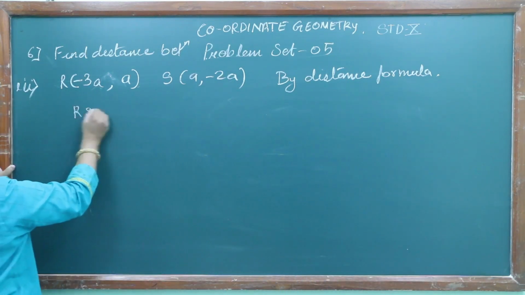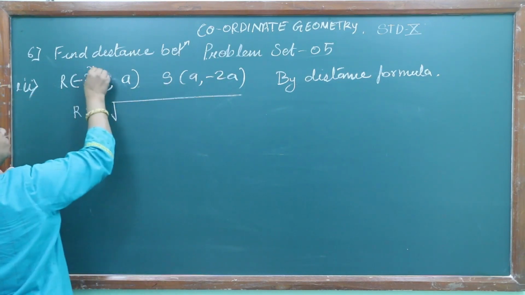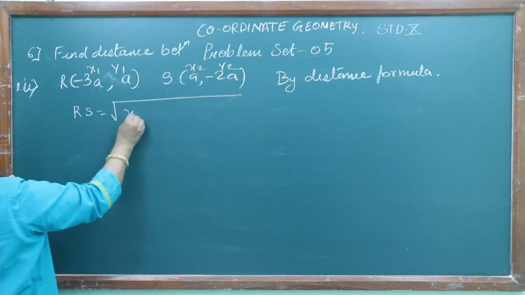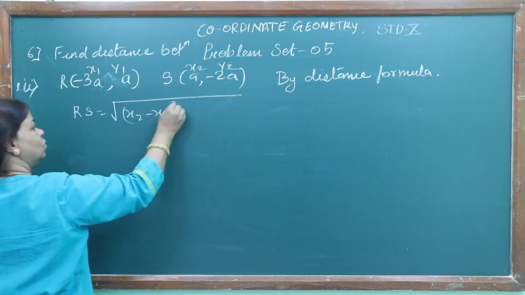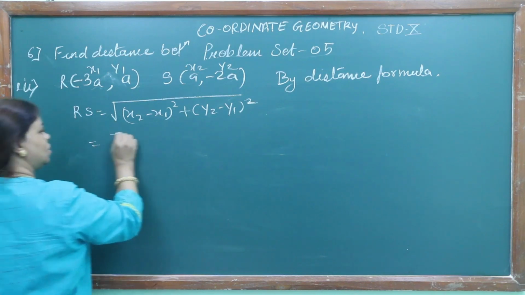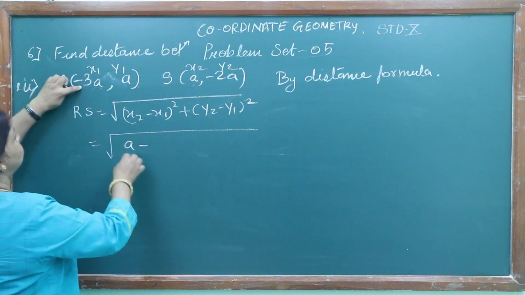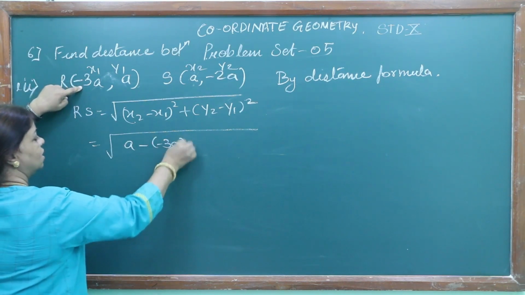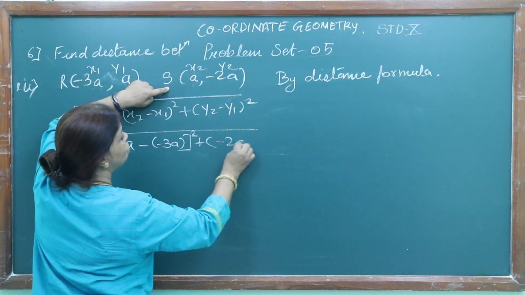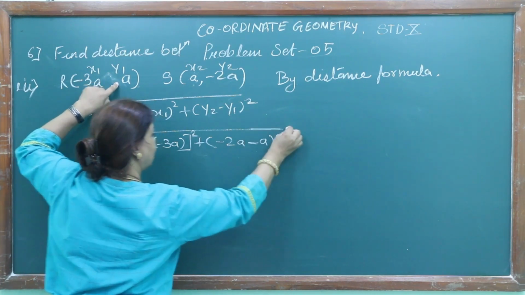So, RS is equal to under the root x1 y1 x2 y2, therefore x2 minus x1 the whole square plus y2 minus y1 the whole square, which is equal to x2 is a minus x1 minus 3a the whole square plus y2 is minus 2a minus y1 is a the whole square.